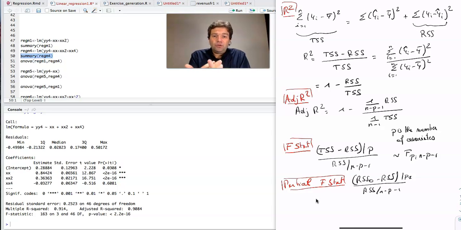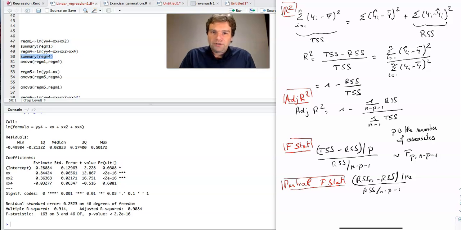Is it important to add a subset of covariates in practice? Here, that corresponds to a statistic which addresses the question: is it important to add P1 covariates to your model? Is it important to do that?